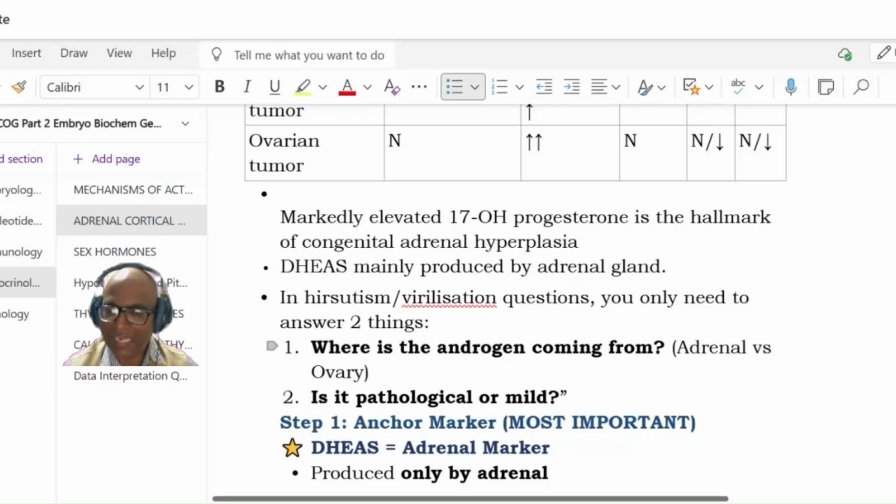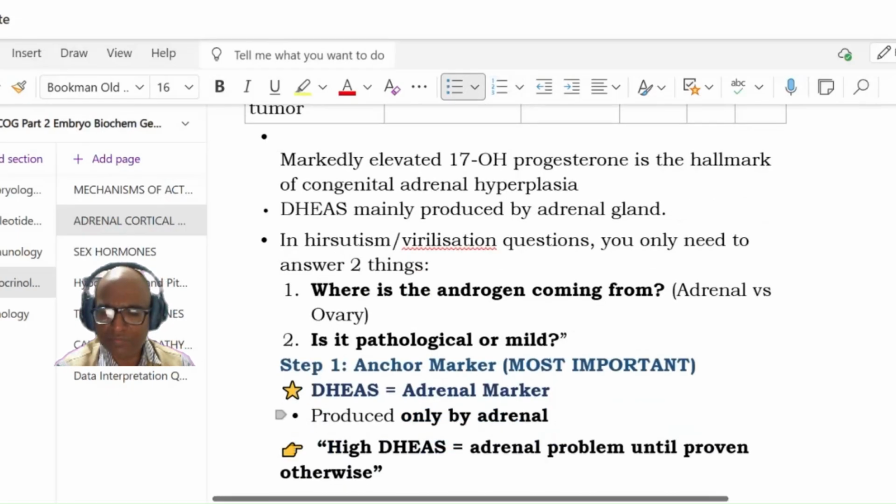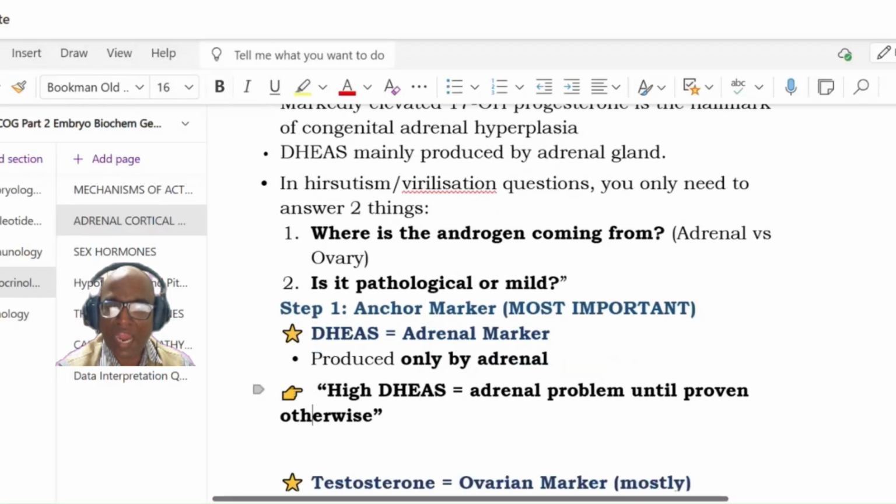Whether it is coming from the adrenal or from the ovary. Two, is it pathological or is it mild? These are the questions we need to answer if we have any question on hirsutism, and most of the time there is only one question. So DHEAS is the adrenal marker, produced only by the adrenal. So high DHEAS means adrenal problem until proved otherwise.